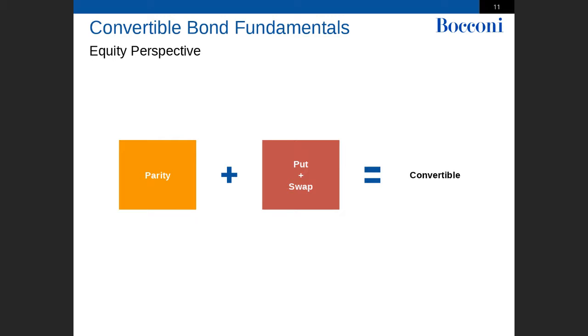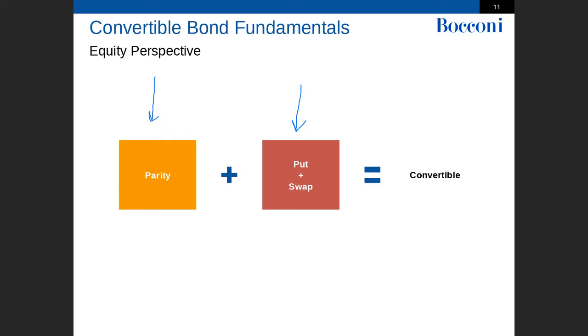So de facto, you swap all the economics of the bond from fixed income into equity. You swap the coupon for the dividend, and you get the call to convert. So for the equity investor, the complement, the additional amount of value, is all the equity component, which complements the parity that is below par.